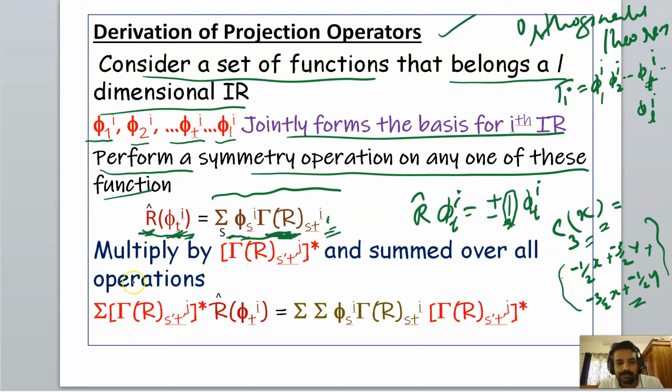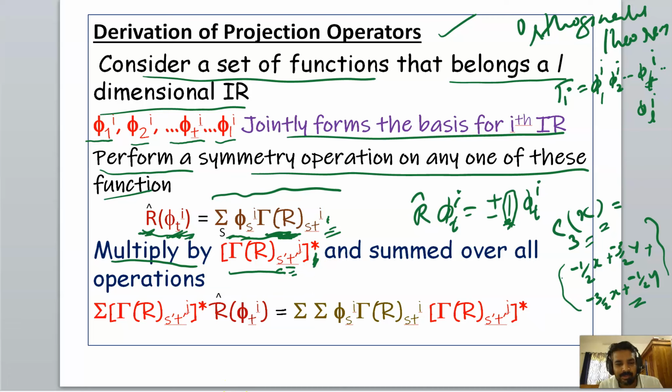Then we multiply both sides by gamma r s dash t dash j star. Gamma r s dash t dash is a character of an operator at the s dash column and t dash row in the jth representation, and we take its complex conjugate.